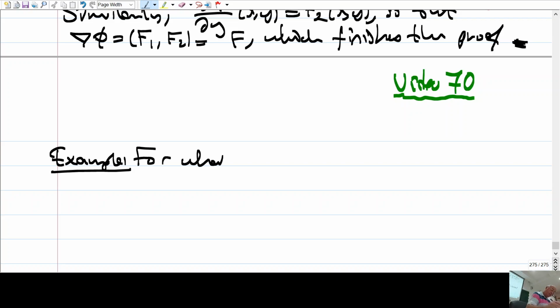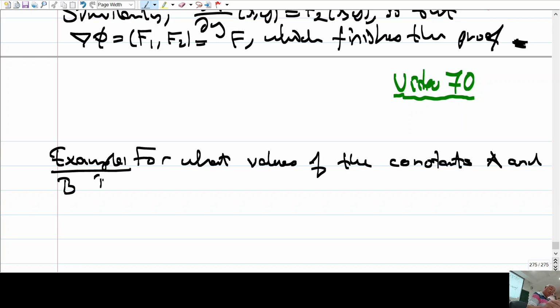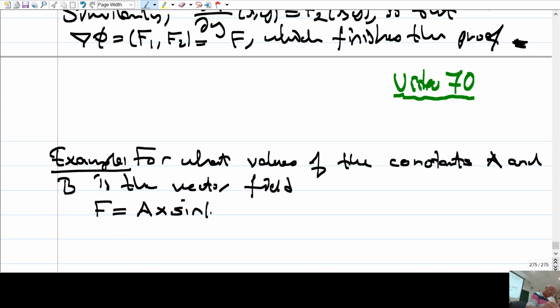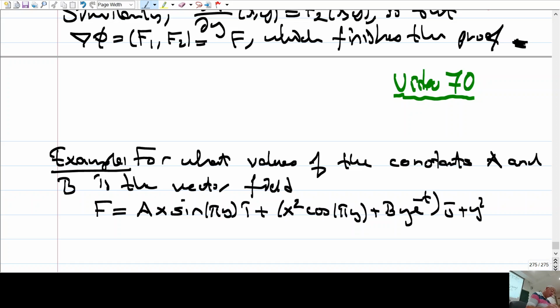For what values of the constants A and B is the vector field F, which is given as A times x times sine pi y i plus x squared cosine pi y plus B times y e to the power minus t j plus y squared e to the power t k, conservative?